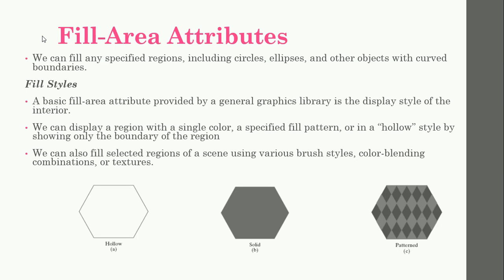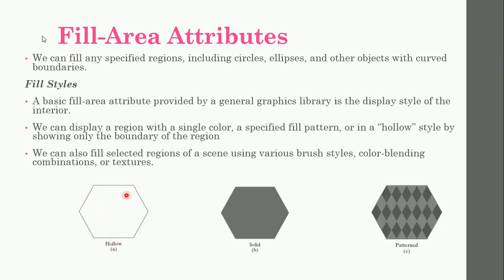In our syllabus we have an example, a hexagon, displayed in different ways. A simple hexagon has 1, 2, 3, 4, 5, 6 sides, so we call it a hexagon. It can be displayed with only edges, without any filling.